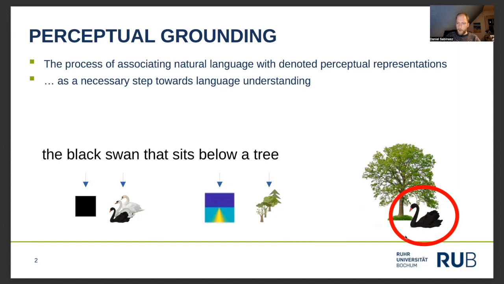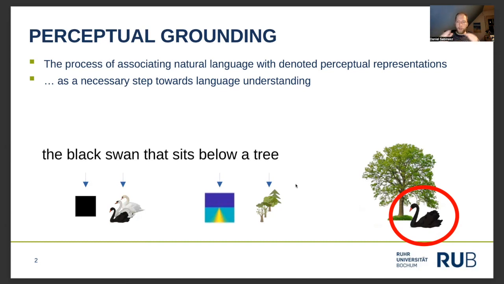So if I look at a certain scene here, then my understanding includes not only associating the words with concepts, but also then finding the object that's been described here. So both of them together could be characterized or subsumed under the heading perceptual grounding of language.